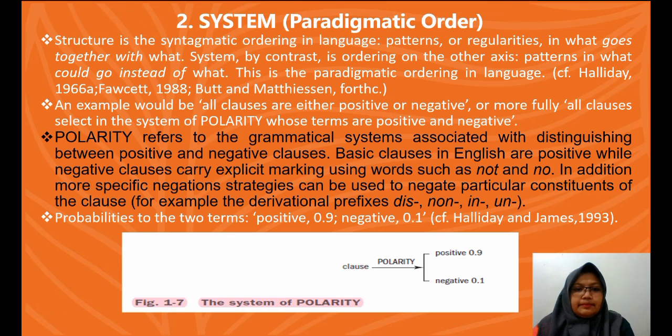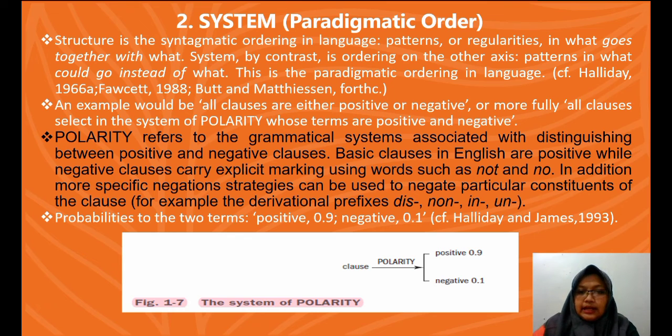An example would be that all clauses are either positive or negative, or more fully, all clauses select in the system of polarity, whose terms are positive or negative. Polarity refers to the grammatical system associated with distinguishing between positive and negative clauses.